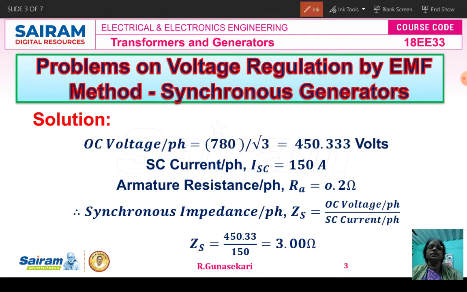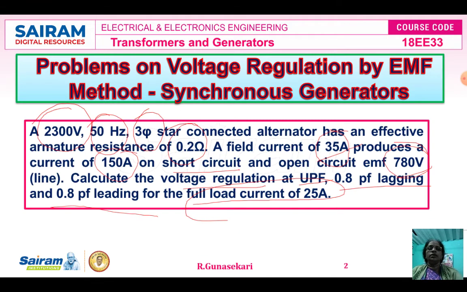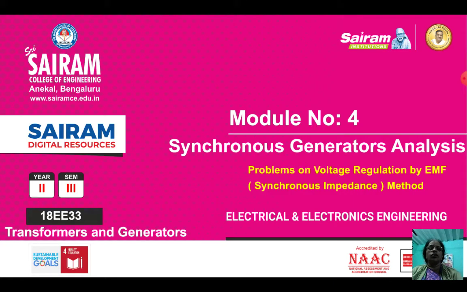Now how to solve the required data? Now you see the circuit slide. The open circuit voltage 780, the line value given in the problem, is divided by root 3. Why do we have to divide it by root 3? Because this is a star connected alternator.